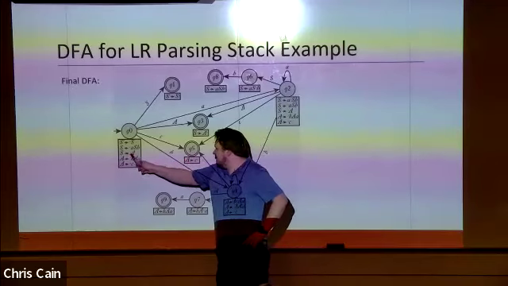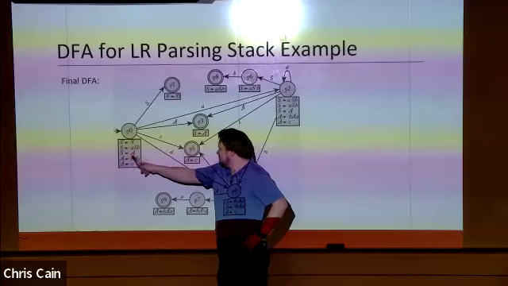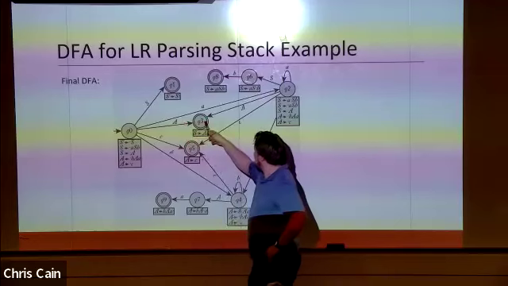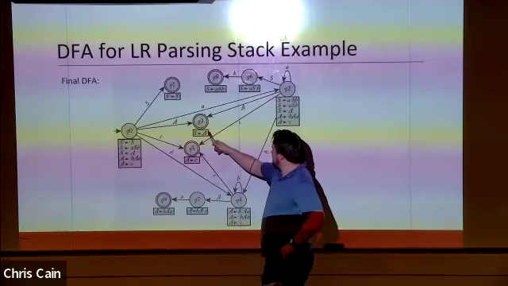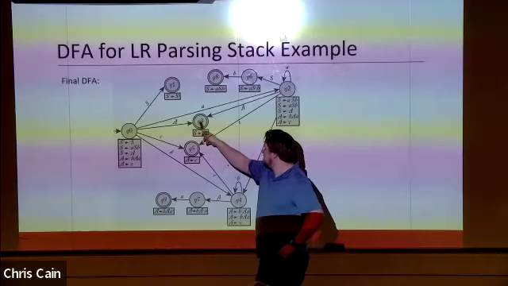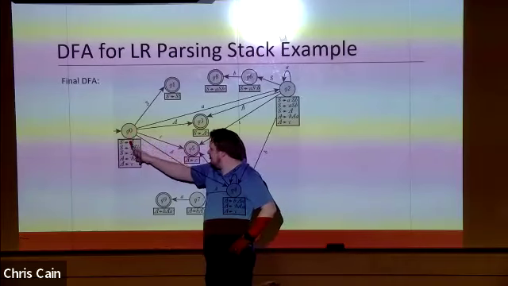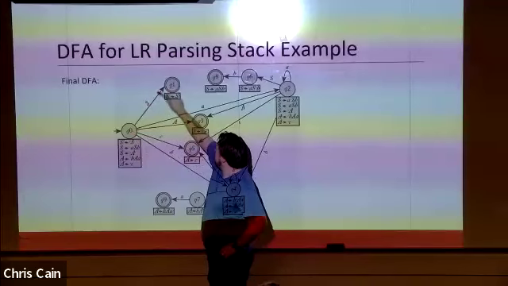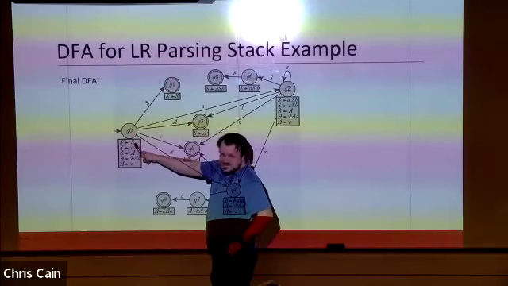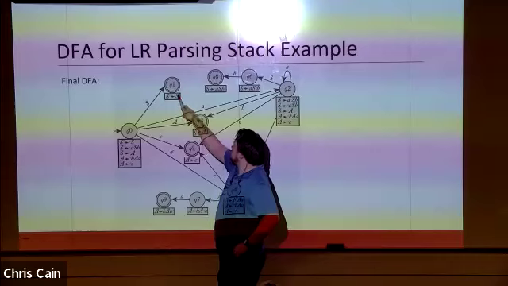So we can now visit anything that says we have an A on the stack. So we can now consume this A getting here, which says we can now reduce from here, because this is at the far right-hand side, to get an S. So we follow this backwards and now have an S. Now we can follow this transition that says we have an S on top of the stack, producing this.